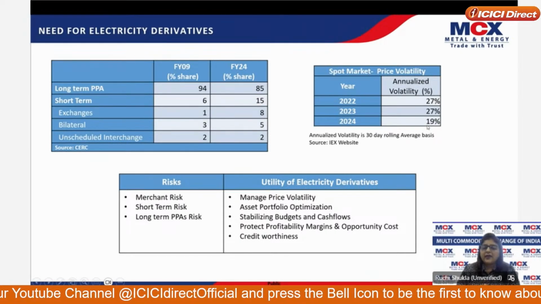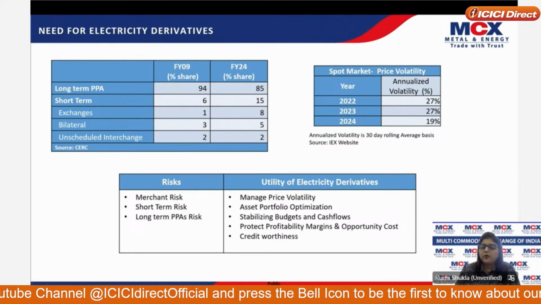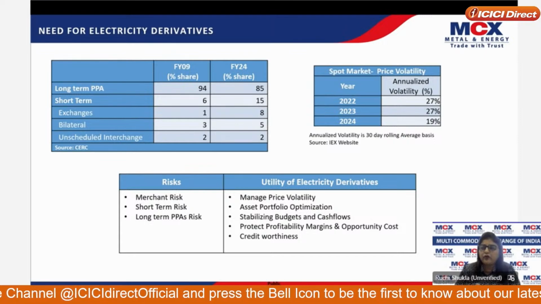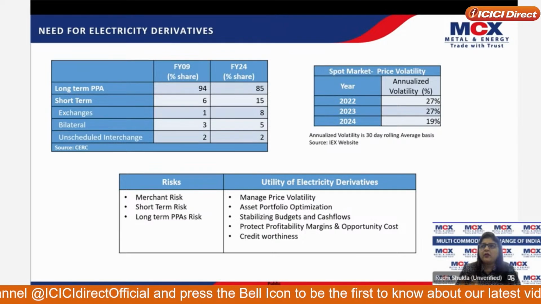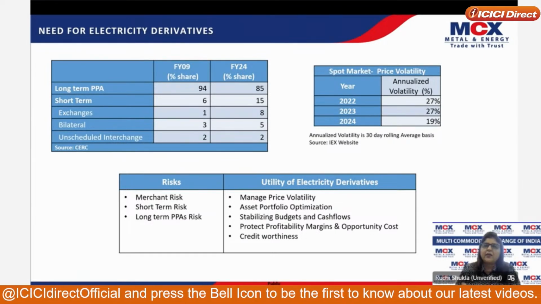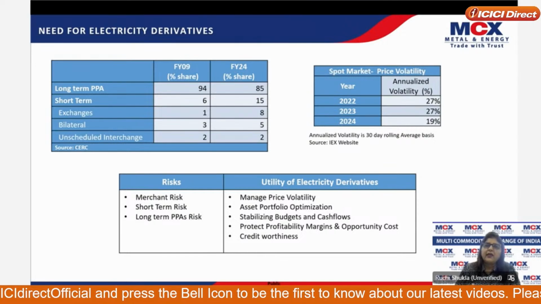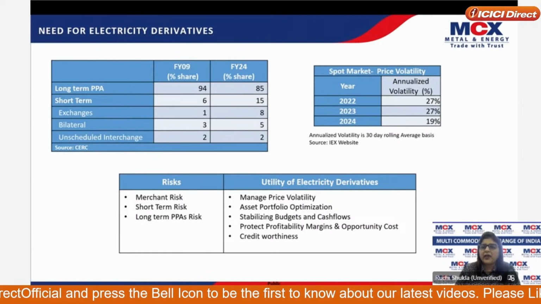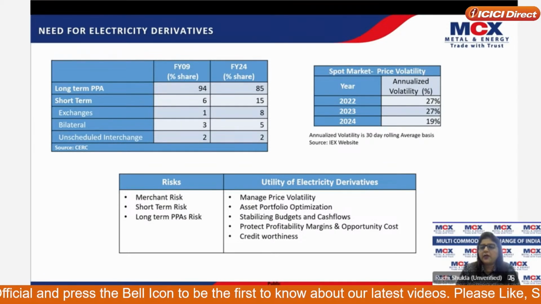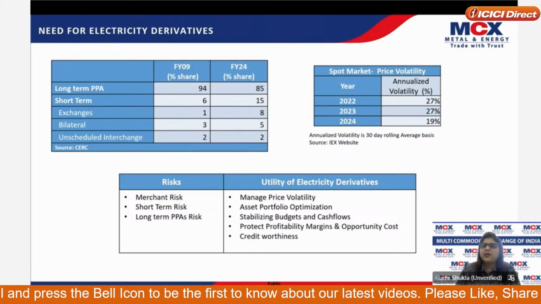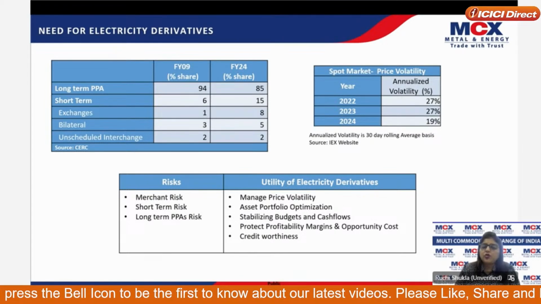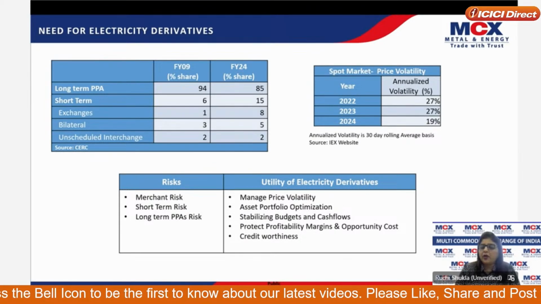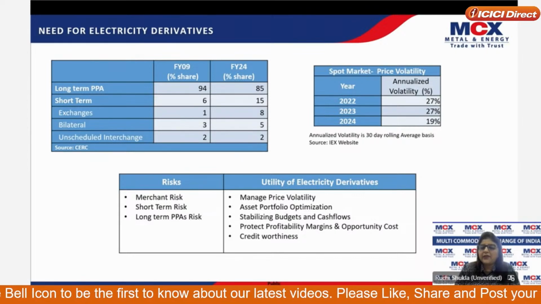While they manage this volatility, it will help them manage their asset portfolios. Taking an example, when you are on the generation side, there are different types of generation mechanisms you can use, which can be gas based, thermal based, or other renewable based. The entire portfolio can be optimized by managing your price risk.